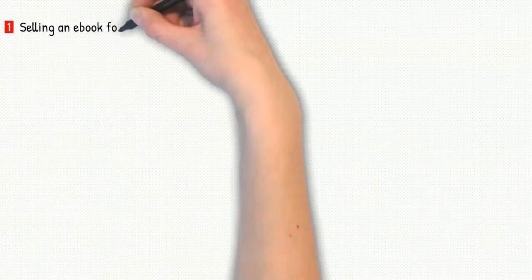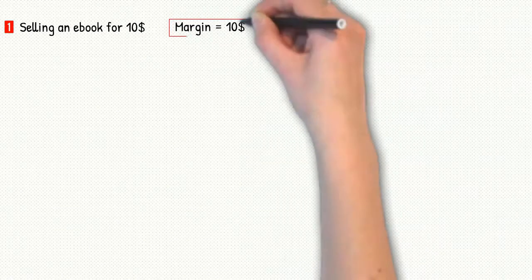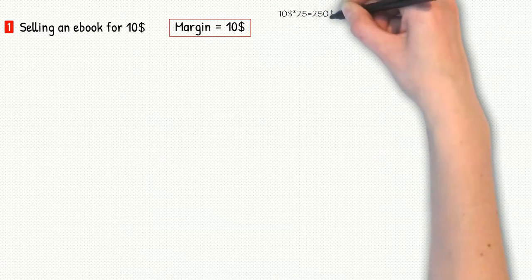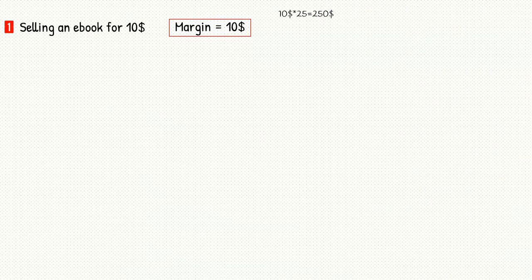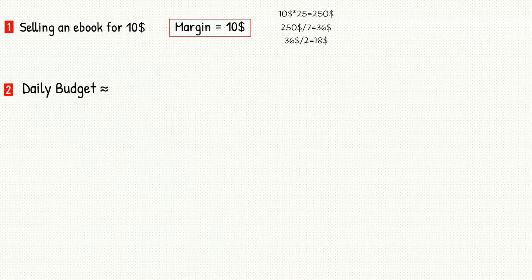Let's take another example. If you are selling an ebook for $10, then your margin is $10. You multiply it by 25, it will give you $250. Then we divide it by 7 and we will get something near $36. And then we divide it by 2, so our daily budget is $18.